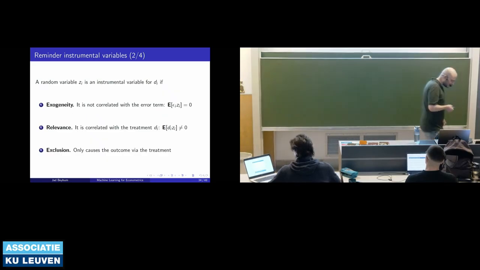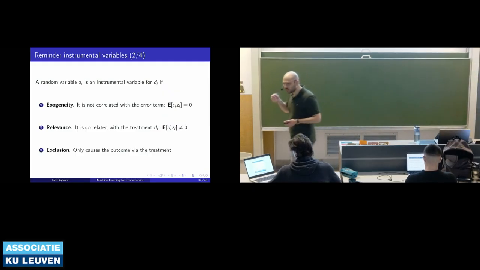Exclusion means that the effect of the IV, so IV means instrumental variable, only goes through the treatment variable, which is education. If growing up close to a college has an effect on your wage that doesn't go through education, say colleges often are, at least in Europe, in city centers, so you have a better network to find a job, then you run into problems.